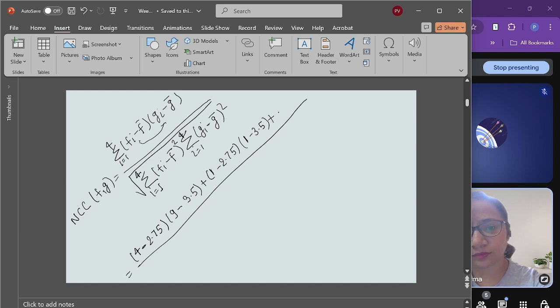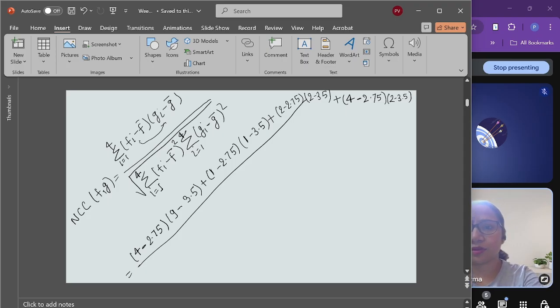Now plus, take the other values also, 2 minus 2.75 multiplied by 2 minus 3.5. Then again 4 minus 2.75 multiplied by 2 minus 3.5. It is a little bit clumsy, but I think you can understand.